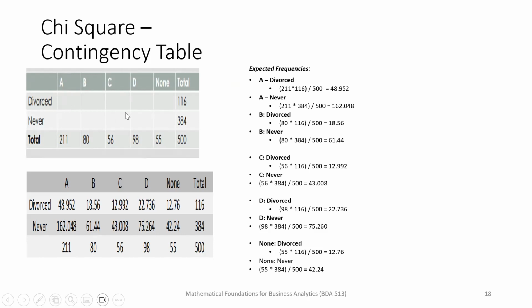All you need to do is take the total of the column, multiply it by the total of the row, and divide by the grand total. That gives us the expected frequency for A.